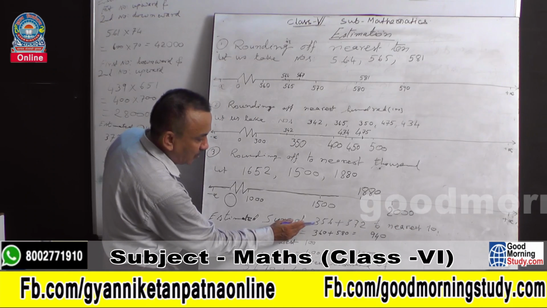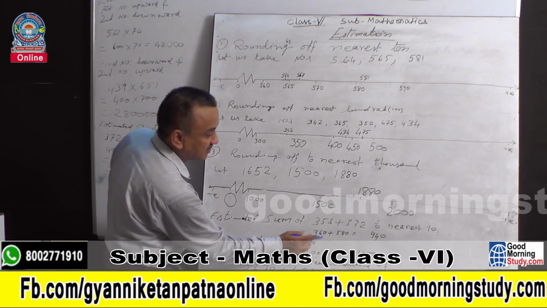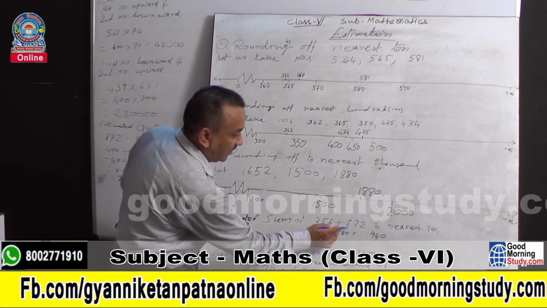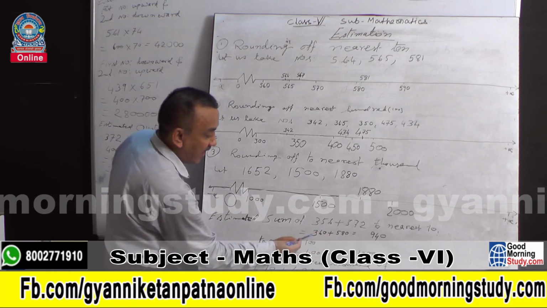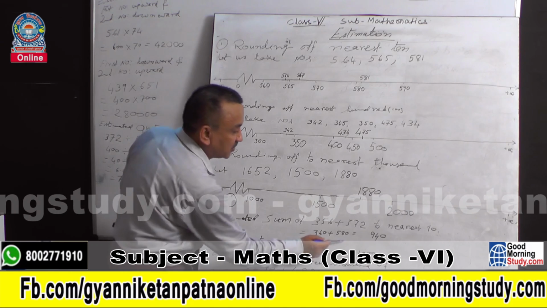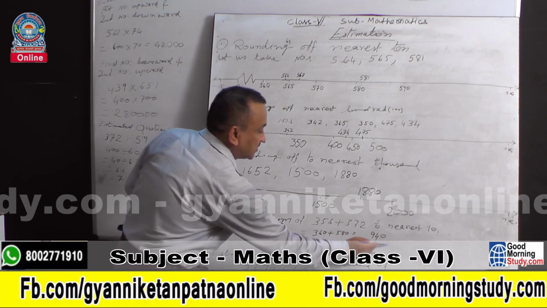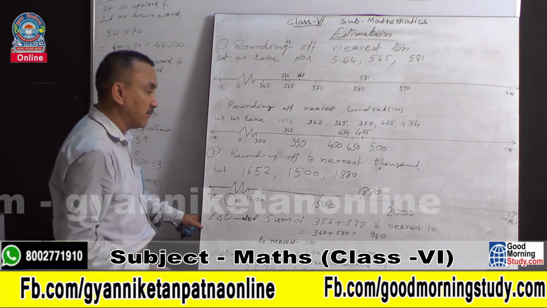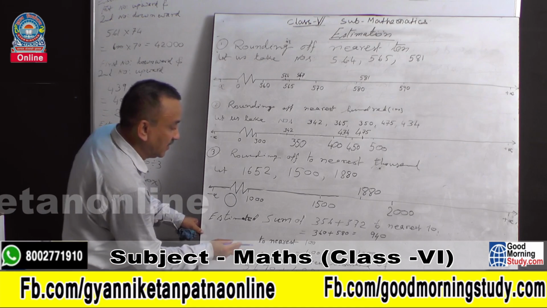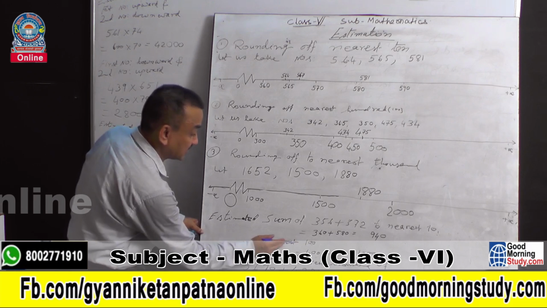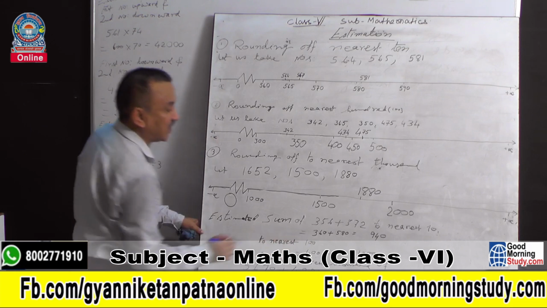The nearest 10 of 356 is 360 and the nearest 10 of 572 is 580. And if you add these numbers you will get the estimated sum of the given numbers to the nearest 10. Now the estimated sum to the nearest 100.